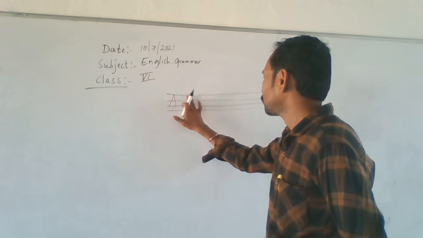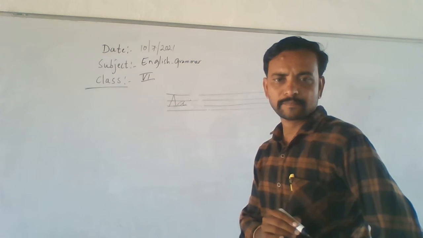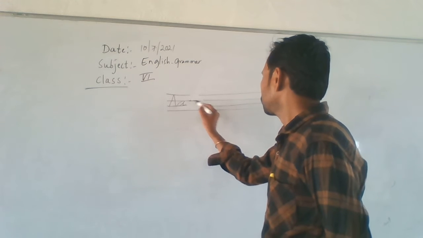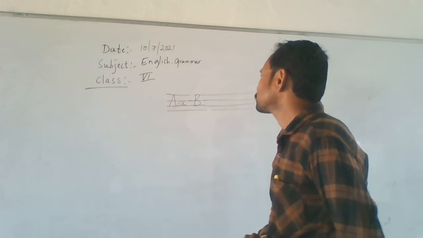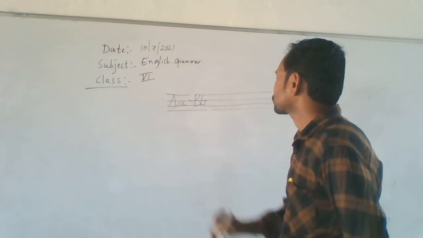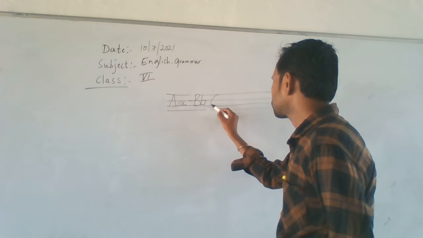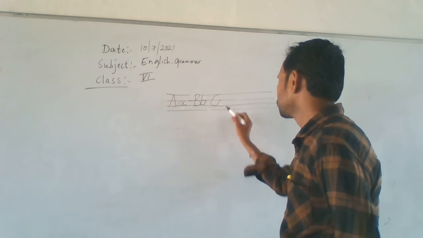So small letter, how do you write? A. Okay. Next B. You have to write B. C, capital letter. Small letter, how do you write?